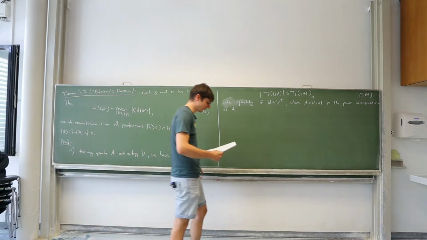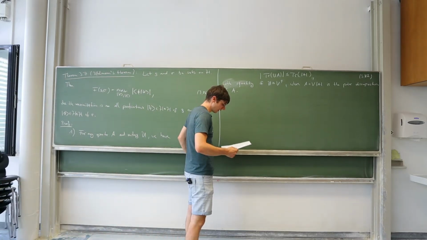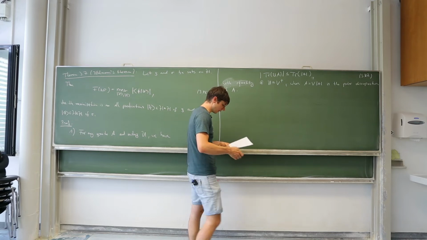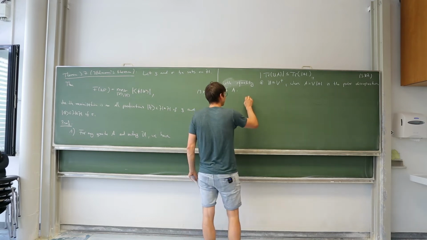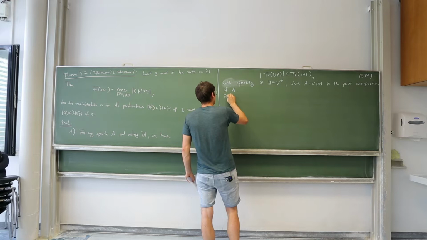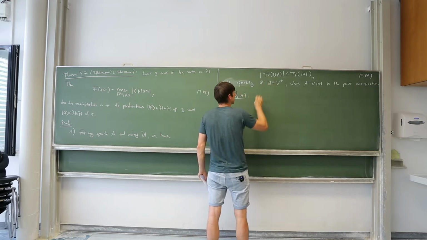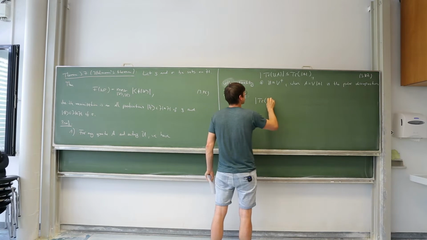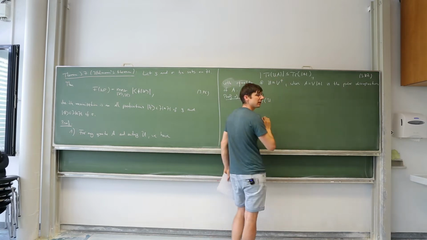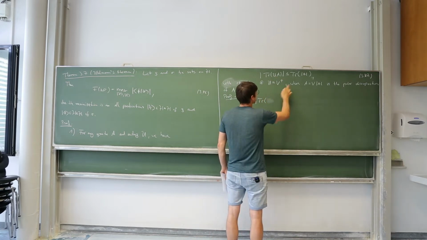Okay, so let's prove this. The proof is as follows. So we take a look at this quantity here, the trace of UA, and we write A now in this polar decomposition.